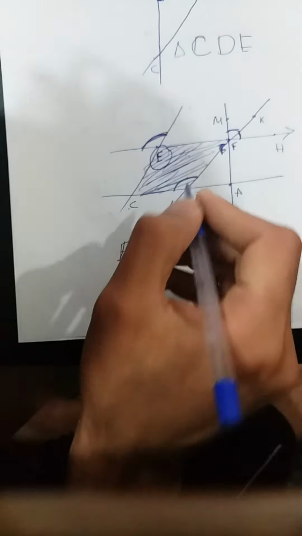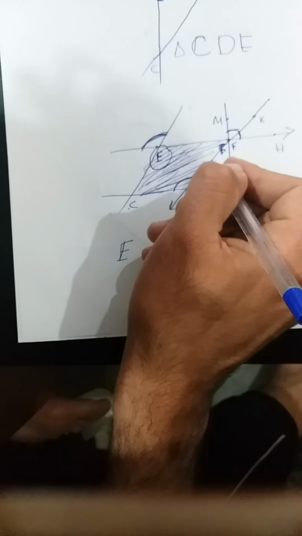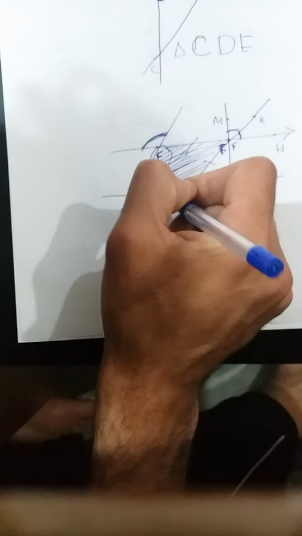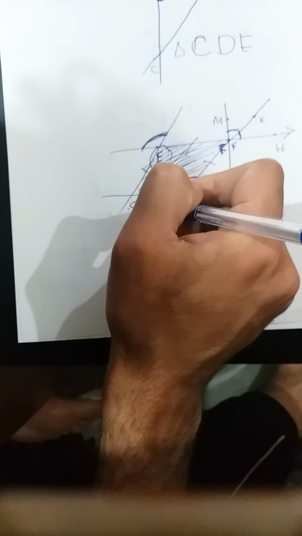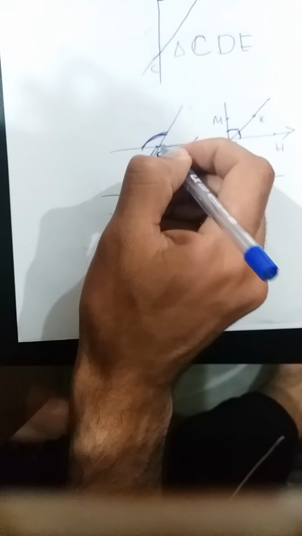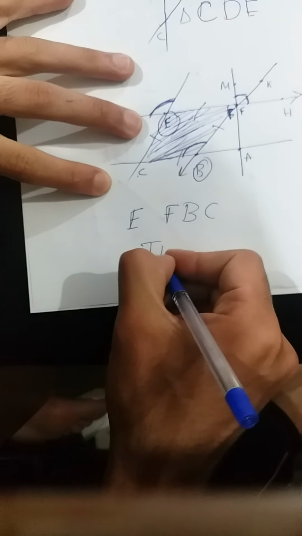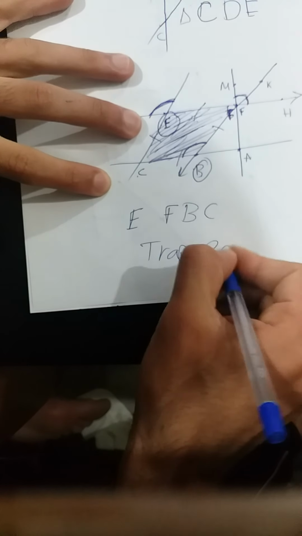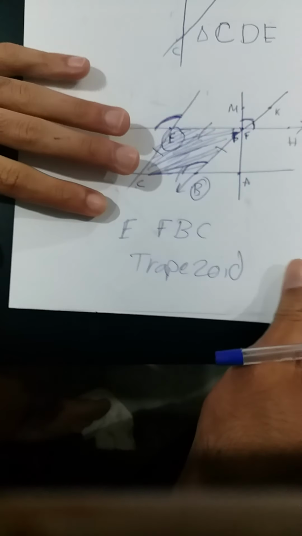And teacher, this is going to be a trapezoid because I have 2 pairs of lines that are parallel, and these angles are not right angles, so I have a quadrilateral, which is a trapezoid here. Okay. Let's go to solve question number 3.